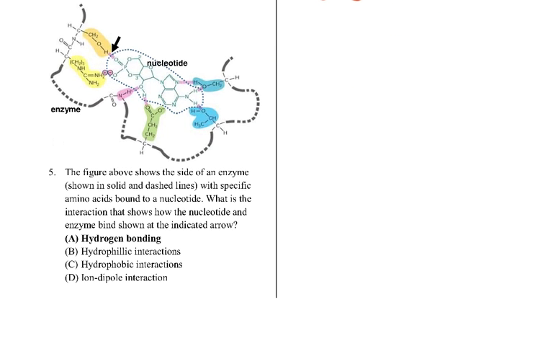Number 5, the figure above shows the side of an enzyme, shown in solid and dashed lines, with specific amino acids bound to a nucleotide. What's the interaction that shows how the nucleotide and enzyme bind, shown at the indicated arrows? What it's really saying here is what kind of intermolecular forces is happening here. I see that I have an O and an H, and then H is bonded to another O on another molecule.